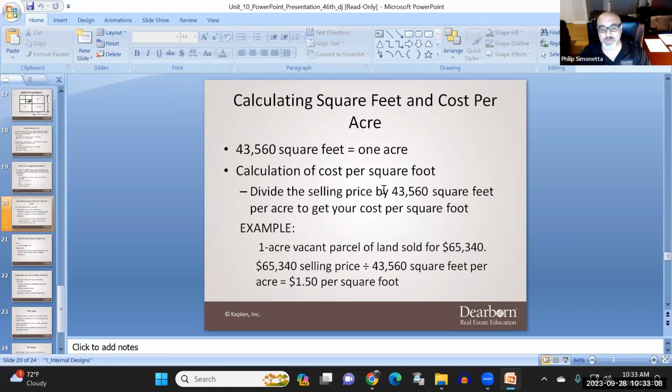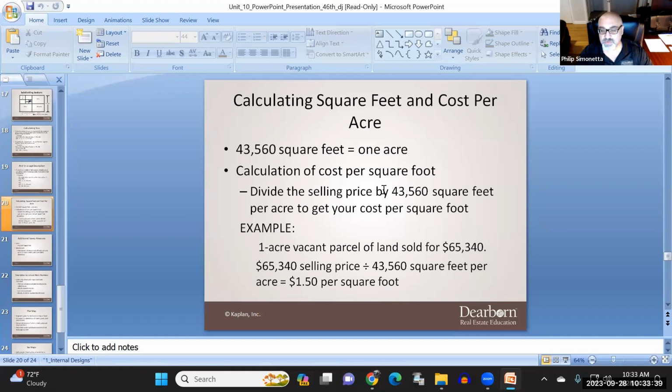So now, one more number you have to remember, and you'll see a question on this for sure. When you're calculating square feet and cost per acre, the amount of square feet in 1 acre is 43,560. You have to remember that number. So when you're calculating a cost per square foot, you divide the selling price by 43,560 square feet per acre.